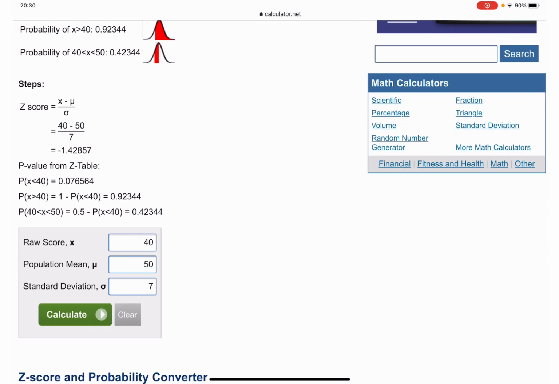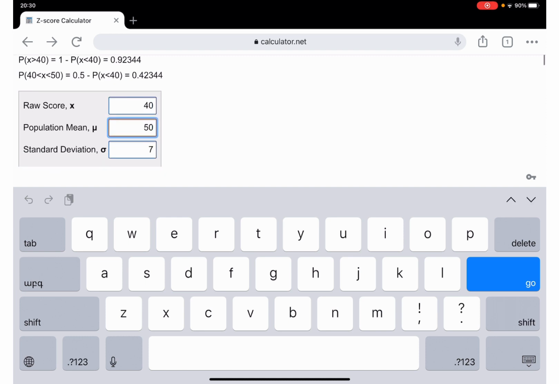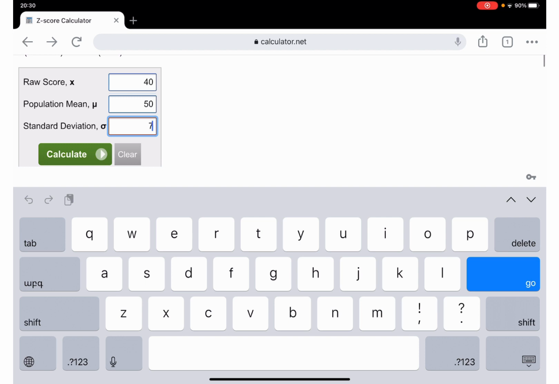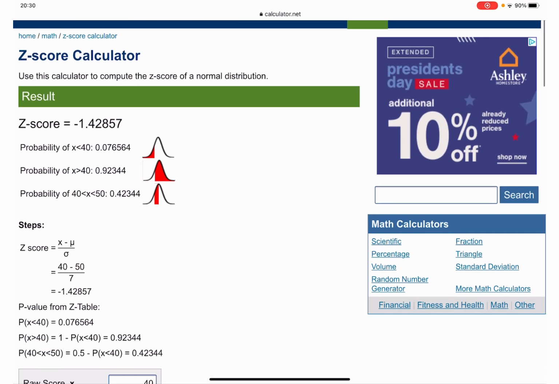So here I have already prepared, raw score is 40, which is x. Then the mean was 50 and standard deviation is 7. So once I calculate, I'm going to get z-score negative 1.4287. We got that.